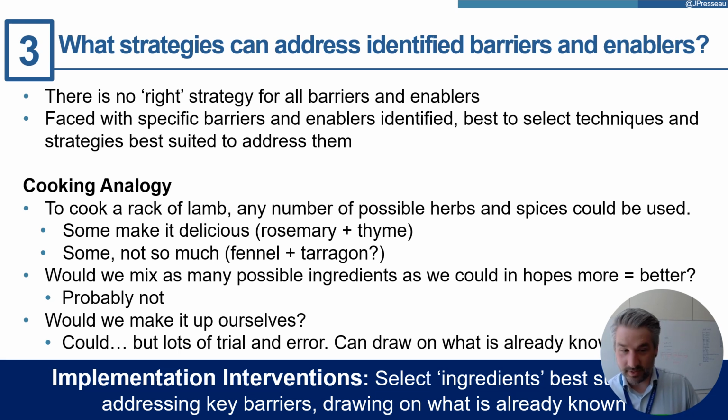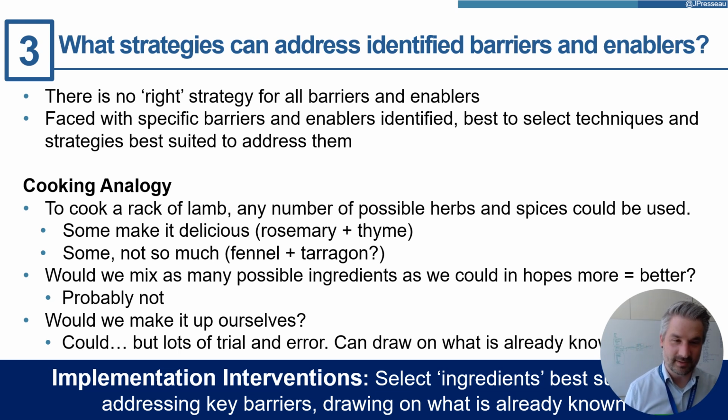Would we just make it up ourselves? We could do that, but that might involve lots of trial and error, especially if you're new to a particular implementation setting or context. And we could draw on what's already known. In the cooking space, that amounts to cookbooks, but also training in developing skills in becoming a better chef or a cook, for example.